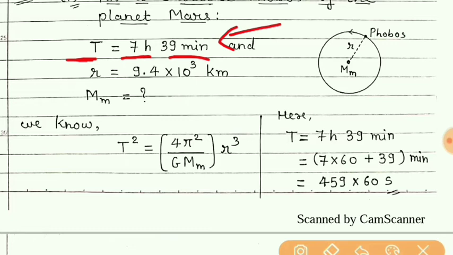So here this periodic time T is given 7 hour and 39 minutes. So we will convert this 7 hour to minutes. To convert this 7 hour to minute, we have to multiply it by 60. So 7 into 60 and 39 minutes, so plus 39.